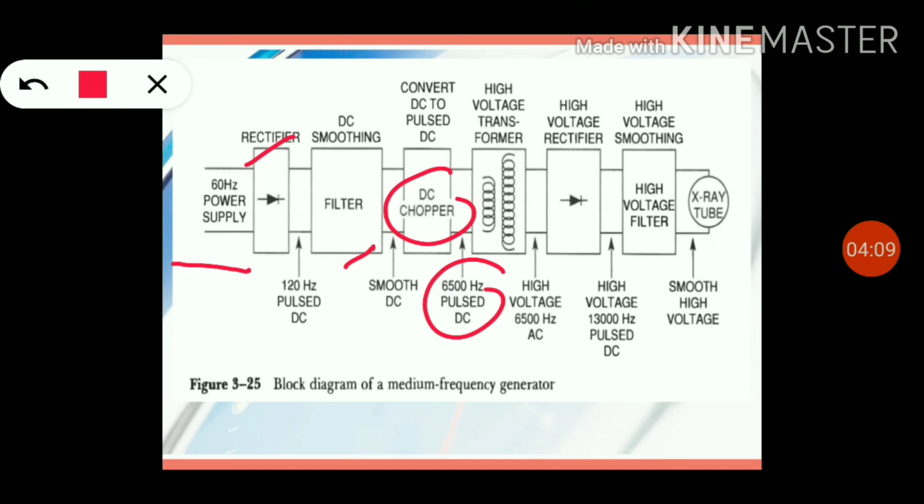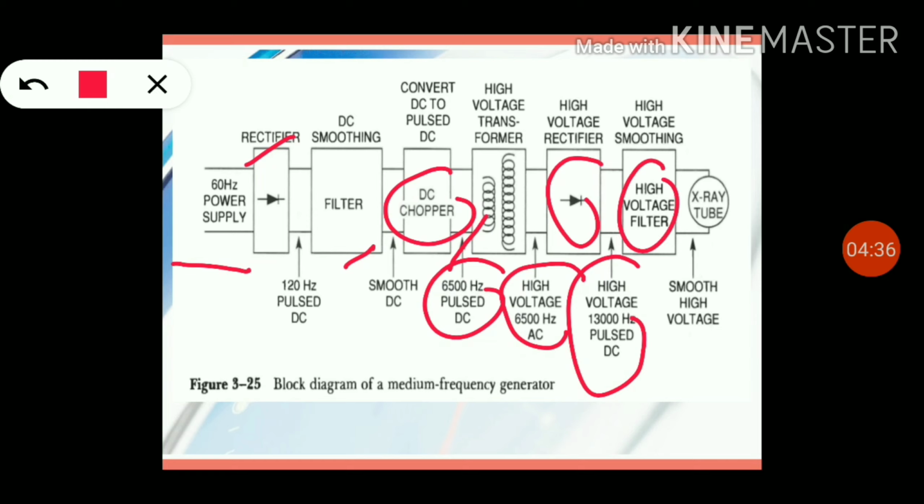So this 6500 Hz pulsed DC provides the voltage to the primary side of a high voltage transformer that steps up the voltage. Then the high voltage 6500 Hz output of the transformer is again rectified to produce the 13,000 high voltage pulses per second. Then it is smoothed by the filters before it is applied to the X-ray tube. Then it provides an almost ripple free voltage.